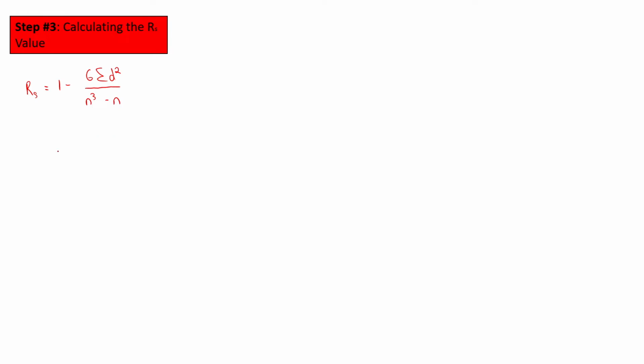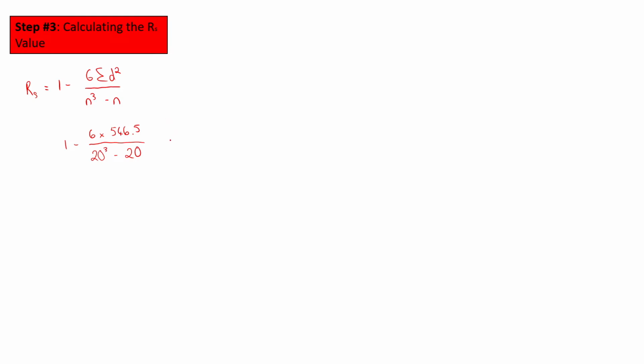And if you show your working out through this, you'll definitely get marks even if your calculations are wrong. That's really important. Just giving it a go is better than not trying at all. So try and fill in the figures. This would be 1 minus the 6 times 546.5 figure. That would then be divided by 20. Remember we had 20 sets of data. 20 cubed minus 20.